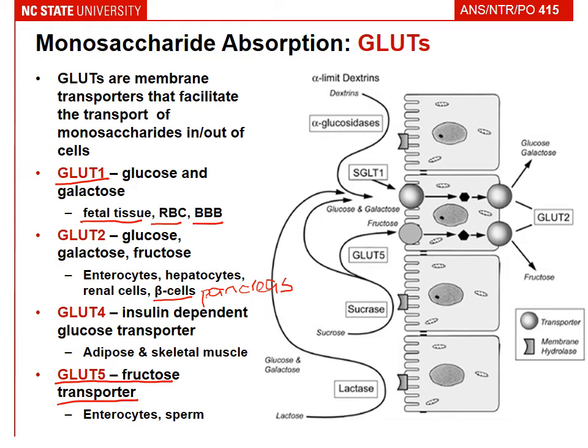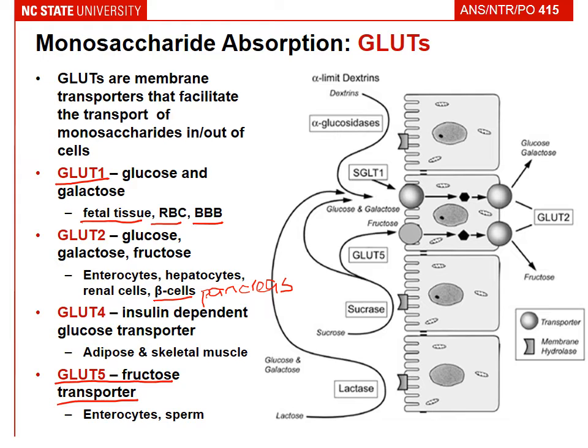So these are found within your pancreas. Sorry about my poor handwriting. So those are how the glucose, galactose, and fructose are all coming in and out of the cells.